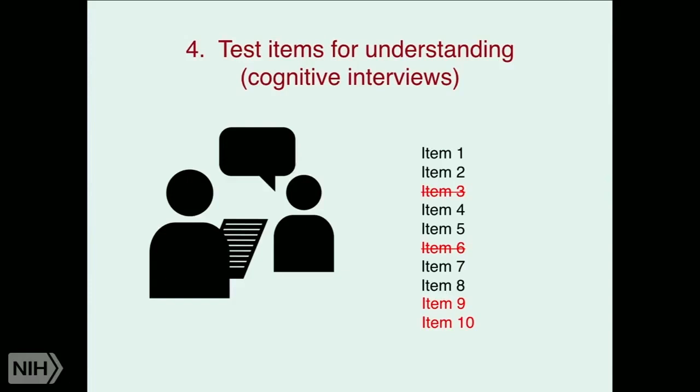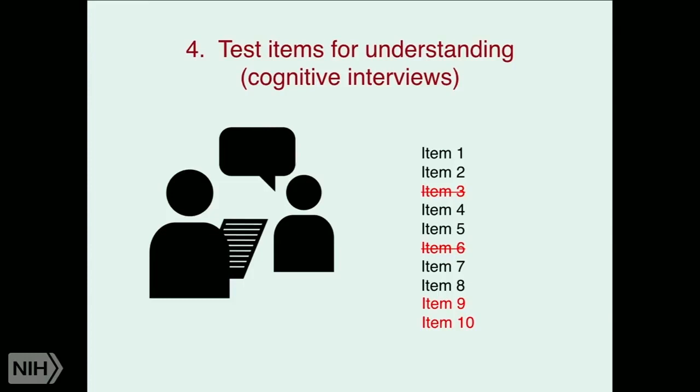Person says, well, I don't really understand what you're getting at with this question, but I'll tell you that it reminds me of a much better thing to be asking here, which is blah, right? So I might get ideas for a new item. So it's a very important step to be talking with the patients and people with the disease to find out how they're understanding the items and make sure we've got items that are understood by everyone the same way.